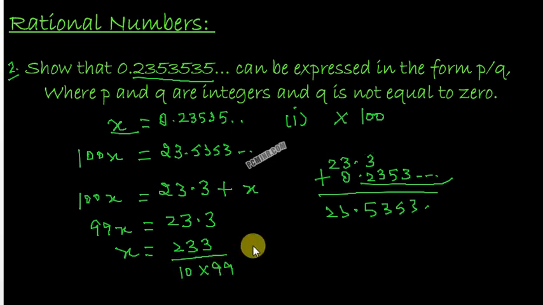So yes, the given number x can be expressed as 233 upon 990. That is the ratio of two integers. So we have written 0.23535 in the form P by Q, where P and Q are integers and Q is not equal to 0.